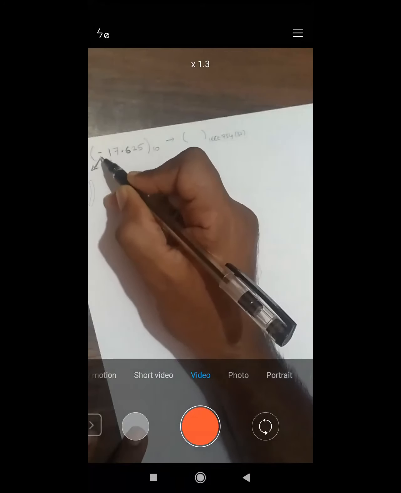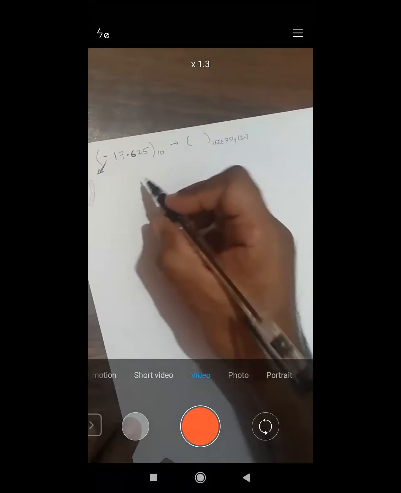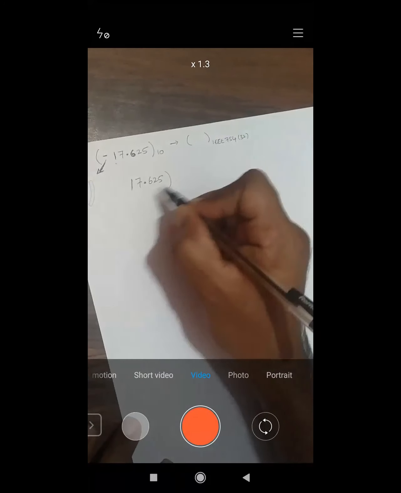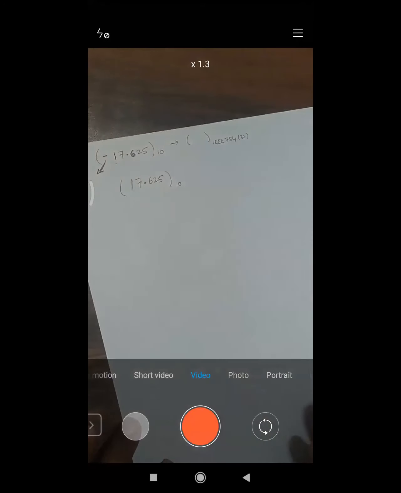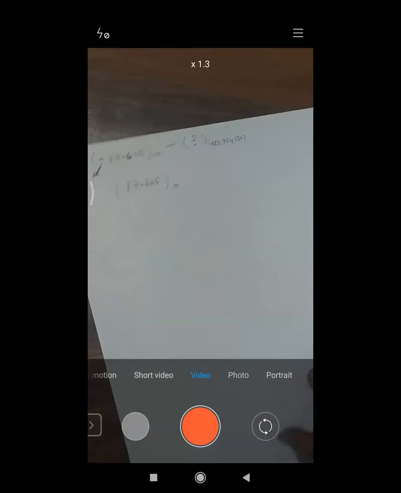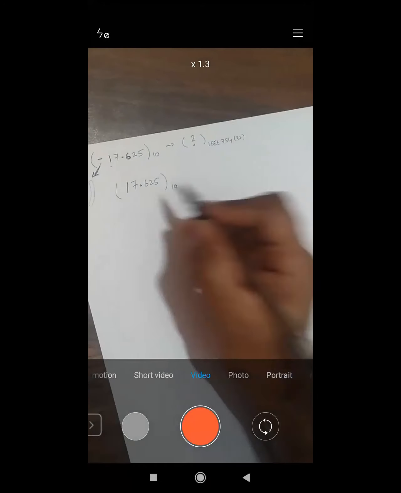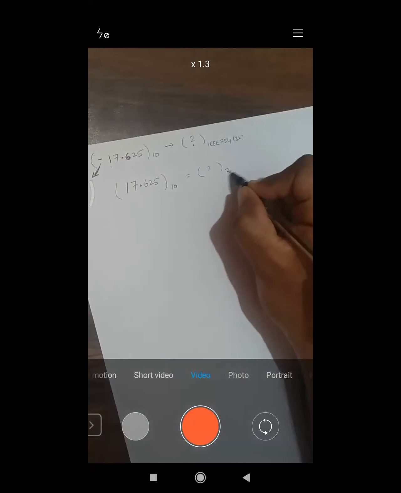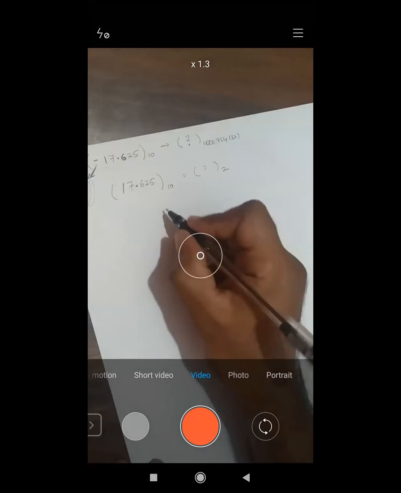We will deal with the sign separately. Now you take 17.625 to the base 10. Now can anybody answer what is its binary equivalent?